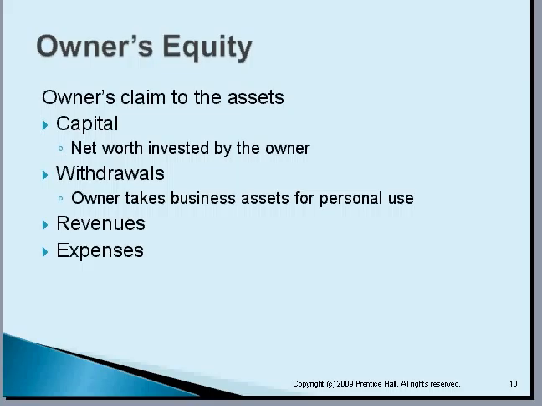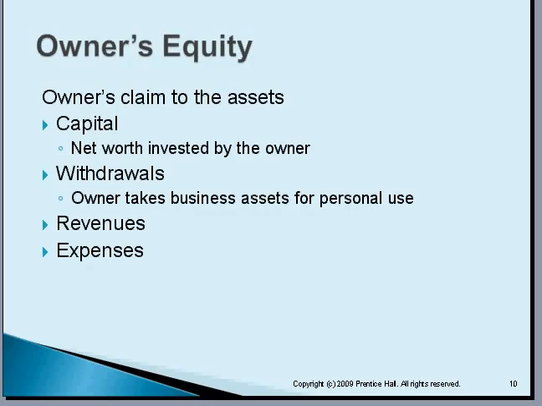Owner's equity. We said that owner's equity is the owner's claims to the assets. The capital is the net amount invested by the owner. Withdrawals are the monies that the owner takes out of the business for personal use.